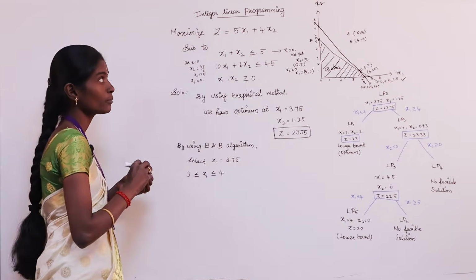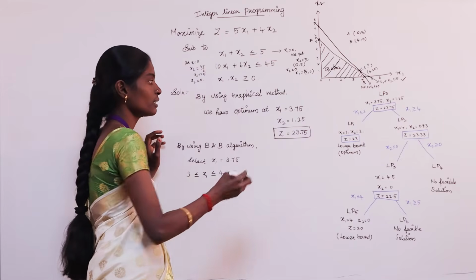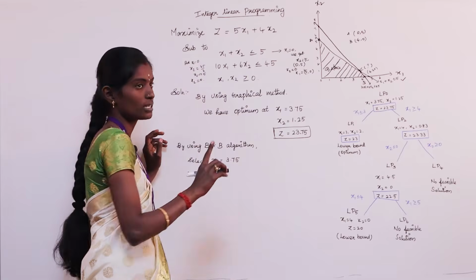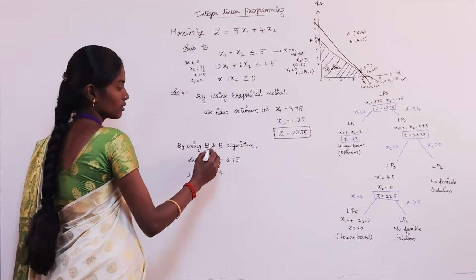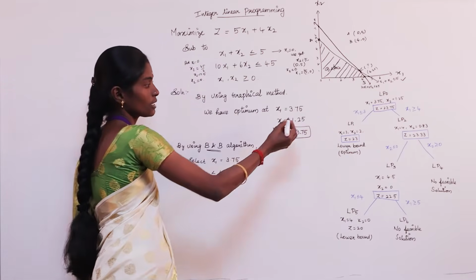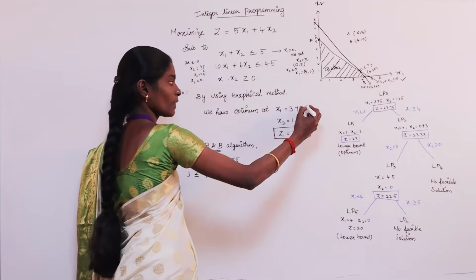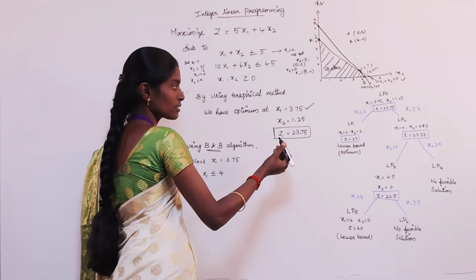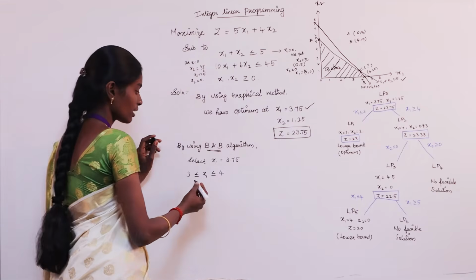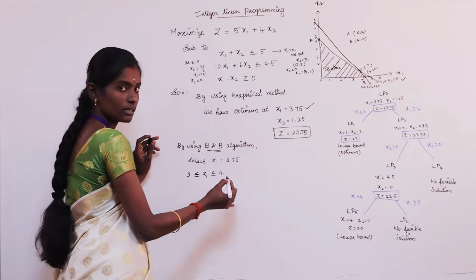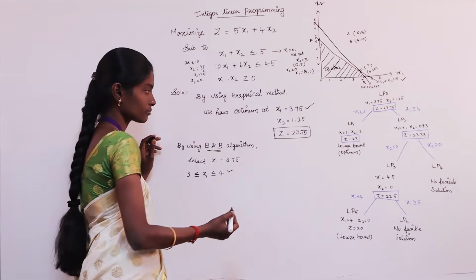In our ILP problems, we have to find integer values, so we move on to the branch and bound algorithm that we call the BNB algorithm. Of x1 and x2, we are choosing x1 first. Since x1 is 3.75, we can write it as 3 less than or equal to x1 less than or equal to 4.